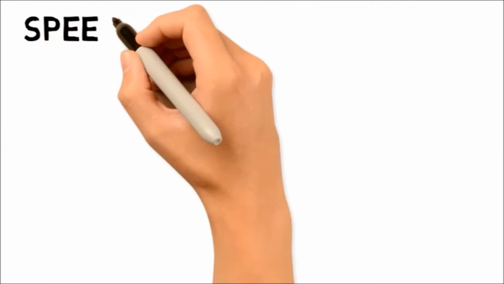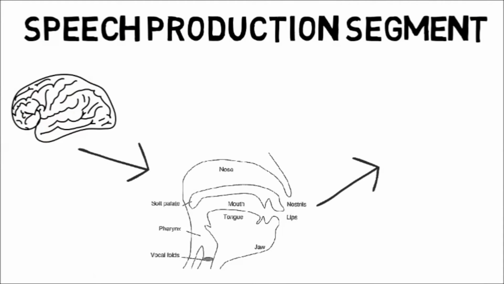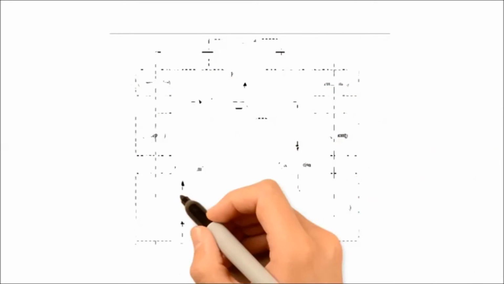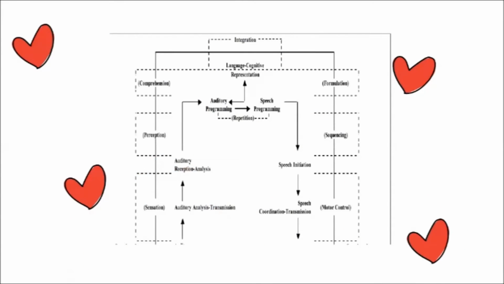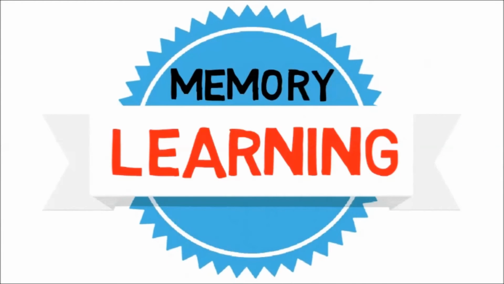The speech production segment is considered as a primary production system. This process turns the messages into spoken form. This model is important to us because it has allowed us to understand the events that take place in speech and language functioning.